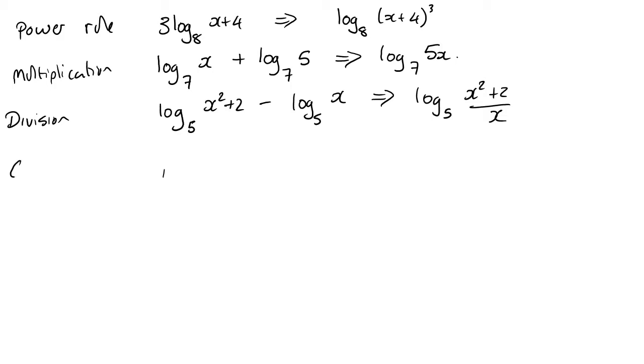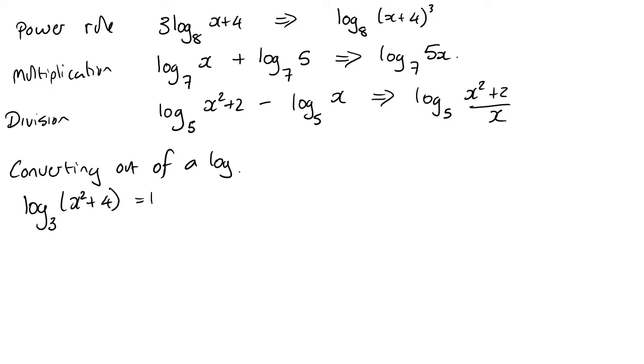Then converting out of a log. So if you had log to the base 3 of (x squared plus 4) equals 1, then converting it out of a log, you would say that 3 to the power of 1 is equal to x squared plus 4, which wouldn't work.